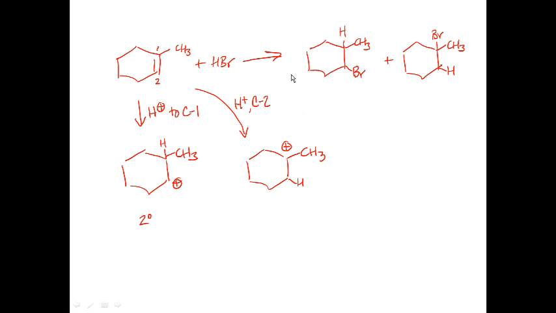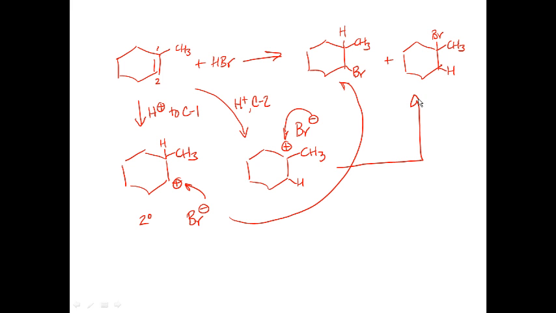And notice that when I react my Br minus with a secondary carbocation, that takes me to form product 1. And when my Br minus comes in and adds to the tertiary carbocation, that gives me product 2.